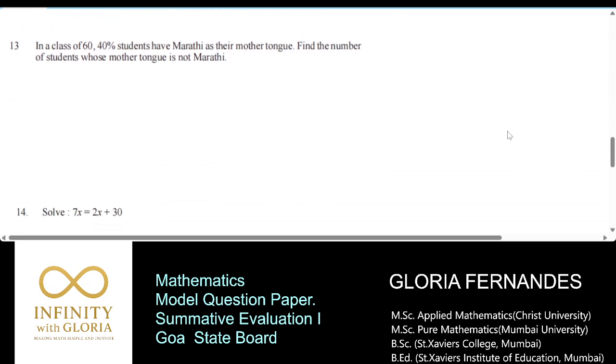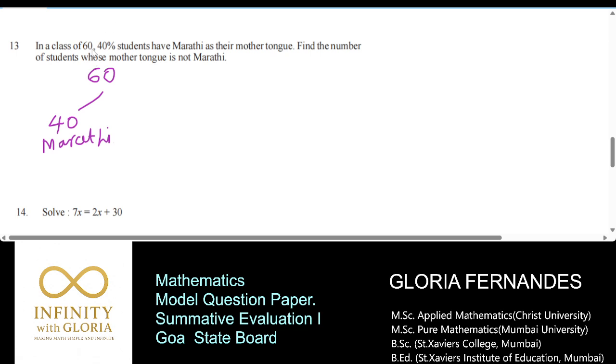Next one, in a class of 60, so there are 60 students in a class, they are saying 40% have Marathi as their mother tongue. So these are the students which have Marathi as their mother tongue. Find the number of students whose mother tongue is not Marathi. So that can be English, or it can be Konkani, or it can be anything but not Marathi.